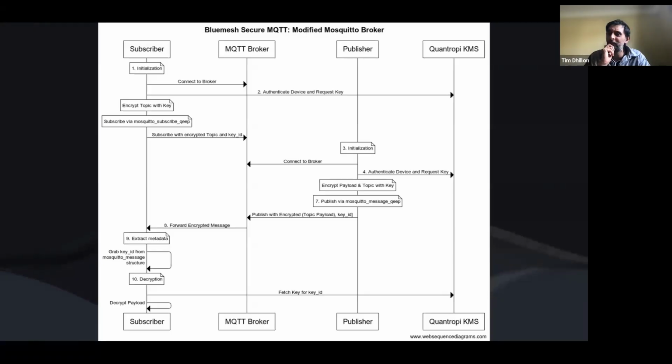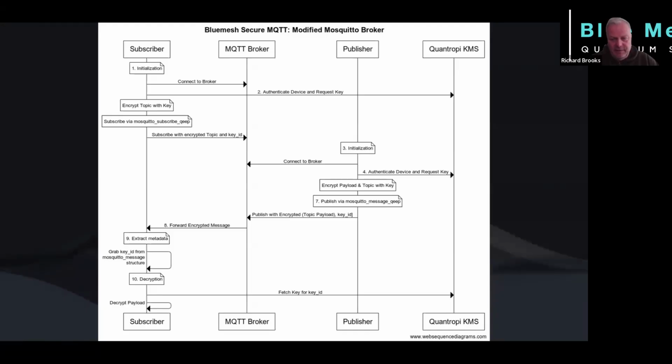So there are different ones you can plug in and out. And actually the Quantropy library is a derivative, a fork of liboqs as well, which was originally IBM, I believe.